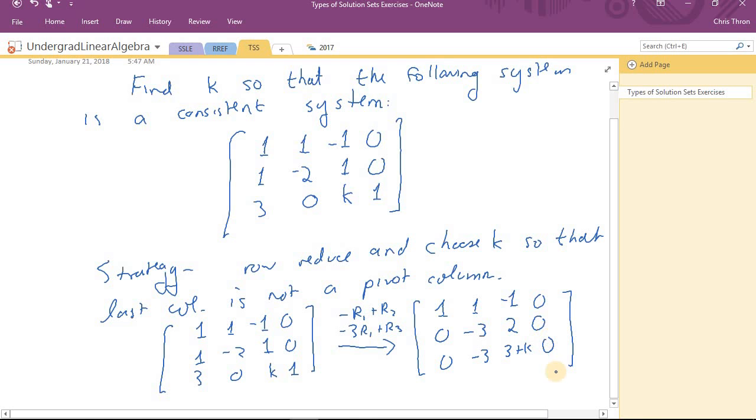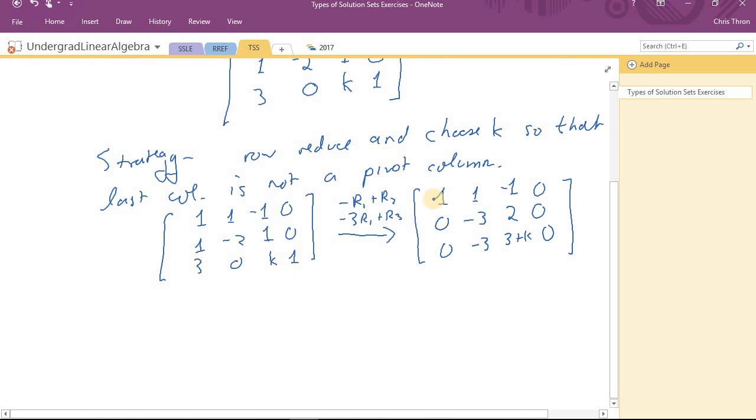All right, now let's continue with my row operations. I've taken care of the first pivot column. I have 1, 0, 0. Now this is going to be my next pivot column. I'm going to want this to be a 1, and then I'm going to want this to be a 0. So let's go ahead and do that.